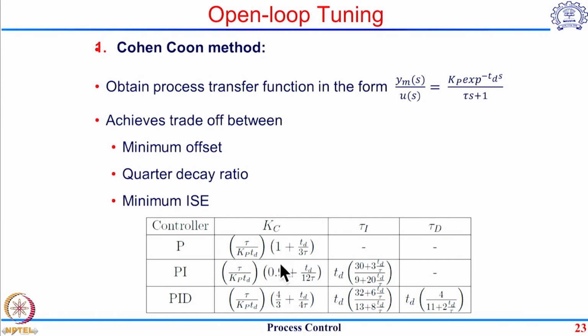We have seen that when you use an integral action, the tendency of the system to destabilize increases, and because of that you have to cut down on the value of the gain which you can use. The derivative action is added to improve this response, and that is why whenever you have a PID controller, the gain which you can use is even higher than what you can use for a P controller. So it will give you the fastest response.